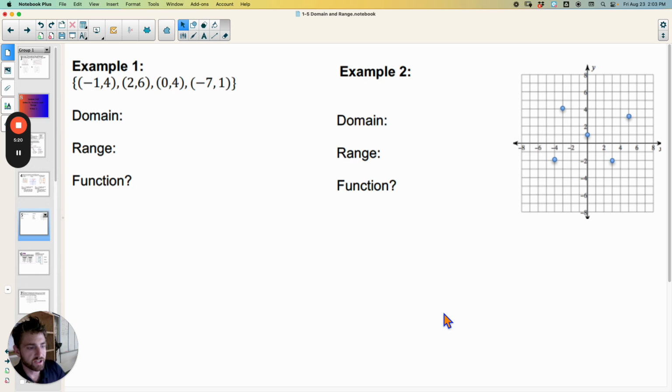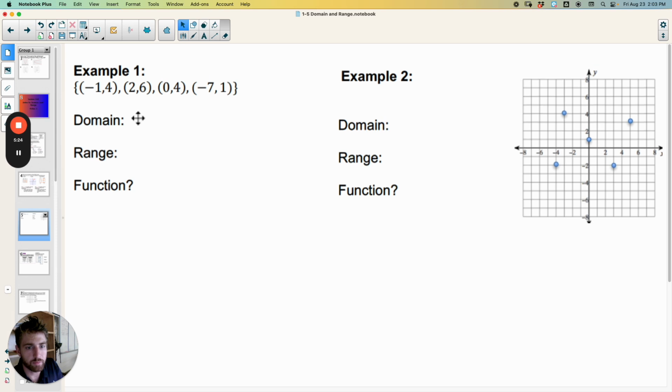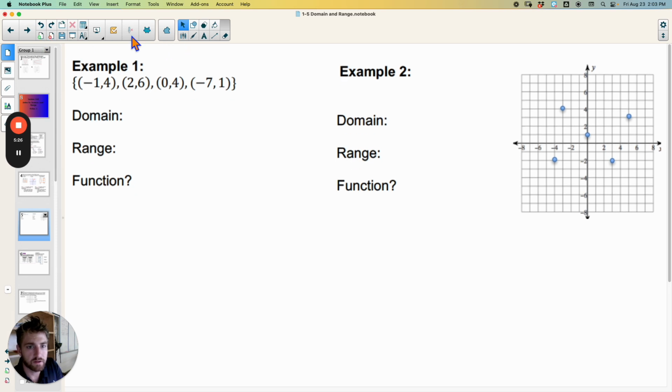Okay, let's go through example 1. So what I like to do here is draw a set of brackets. My domain is going to be represented by all the numbers I list here. So the domain is all of the x values. So let's list them: -1, 2, 0, and -7.